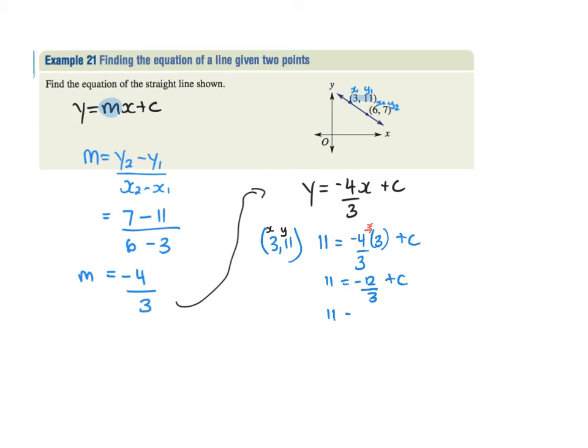What does that become? Good. And then if I move this over the equal sign, it will become +4, good. And 15. So have I found out what c is? Yep, good. So therefore, my equation is y equals -4/3x plus 15.